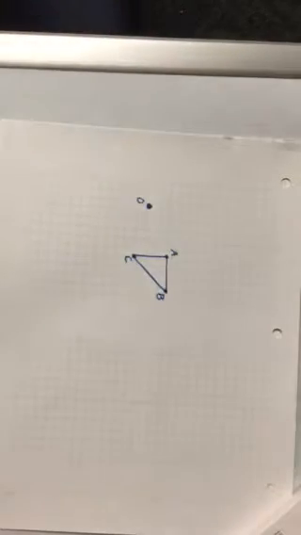All right, so when you're dilating a figure, what you have to do first is take your ruler and connect the center point to all the vertices of that shape.